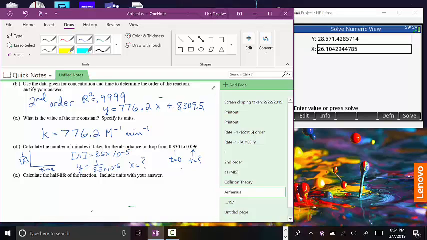For my x, so I'm getting that x is equal to 6 units.